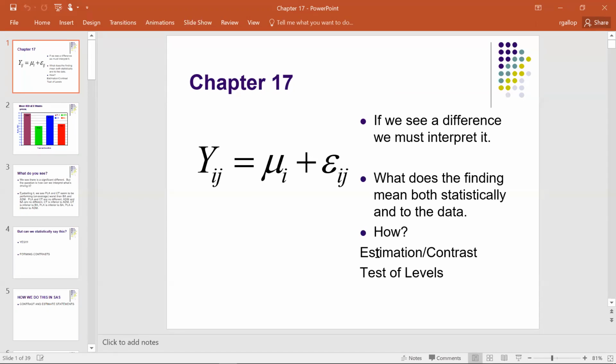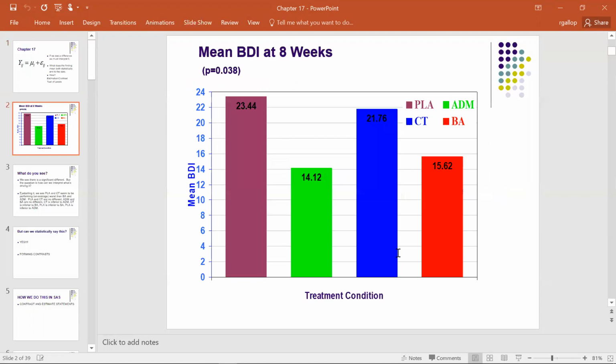And we're going to do this through the process called estimation and contrast. And basically, we're testing levels of the factor variable, the variable in the class statement, such as design for the Kenton data, and combinations of that. So again, we'll see that a little bit more tonight.